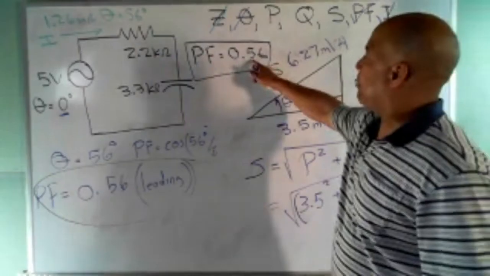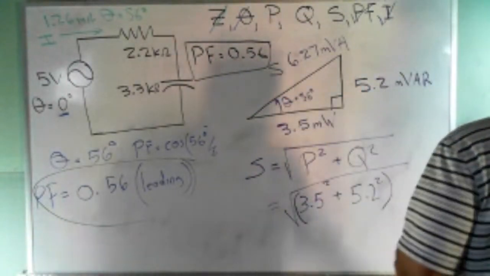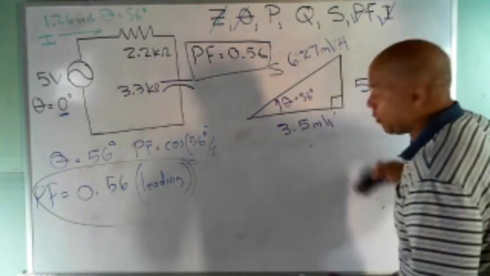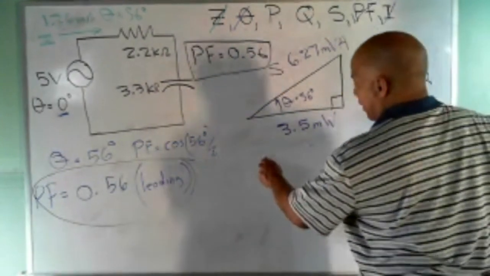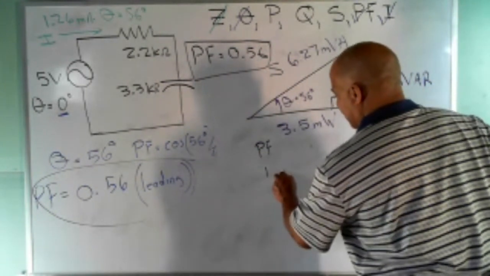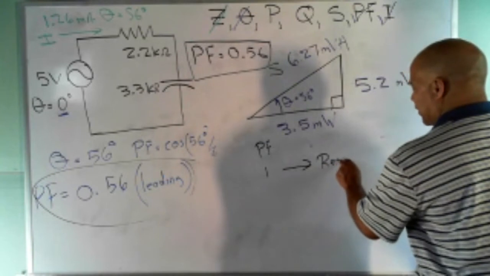Now notice 0.56. Let me just point something out to you real quick. Remember what we said about power factor? If the power factor is 1, then my circuit is 100% resistive.